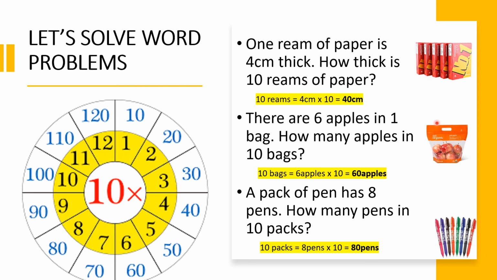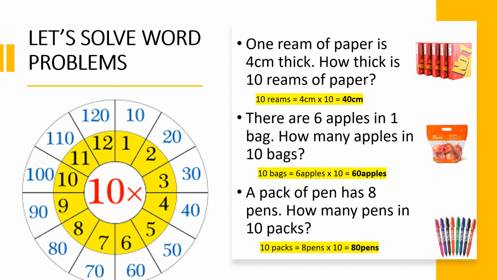Now the second one says 6 apples in one bag. I have 10 bags. The second bag will contain 6 apples as well. So if I add 6 plus 6, I'll have what? 12. Good job. Now for the third one, I will have another 6 apples, right? So if I have again 6 plus 6 plus 6, that's what? 18.